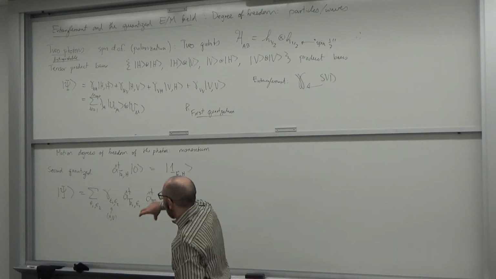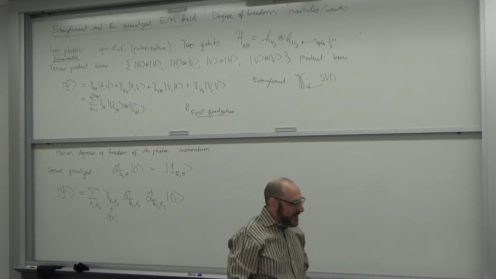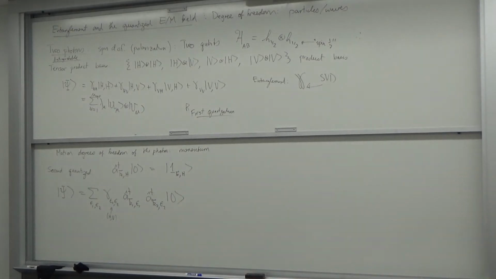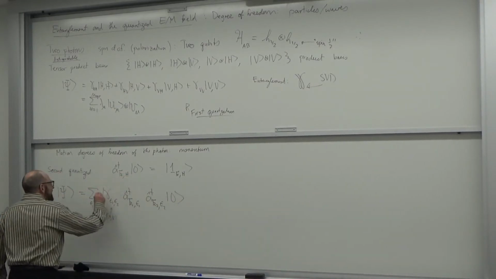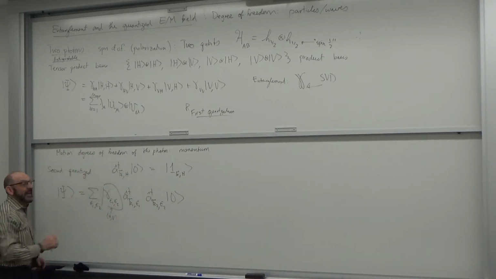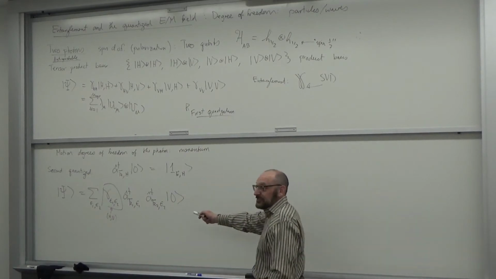So this state, because these commute, respects the Bose symmetry. Okay? But I can have the same matrix that I had here. So this is the second quantized version of this that respects the symmetry.